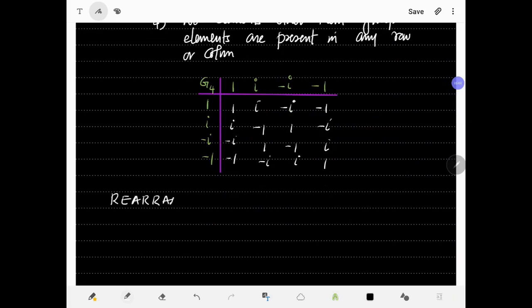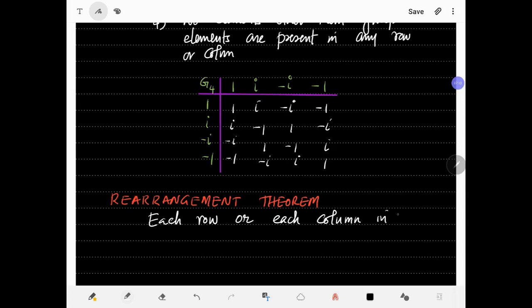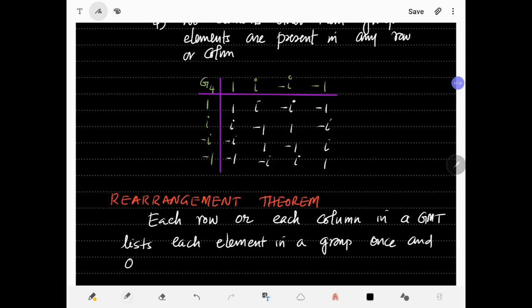This leads to a theorem in group theory which is called the rearrangement theorem, which says each row or each column in a group multiplication table lists each element in a group once and only once. Thus, each row or column is a rearranged version of the group elements.